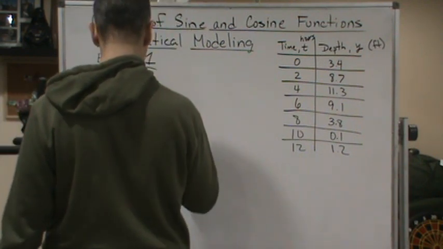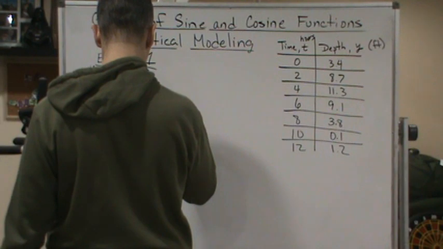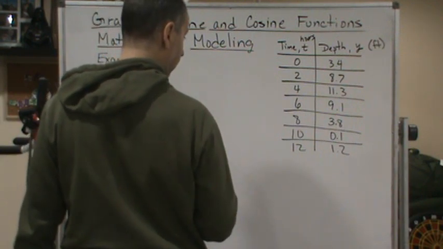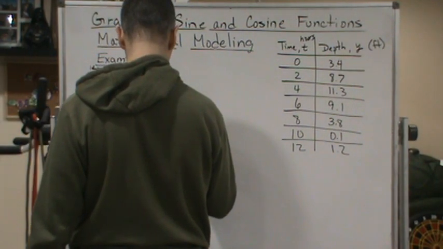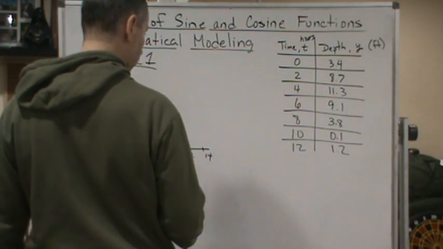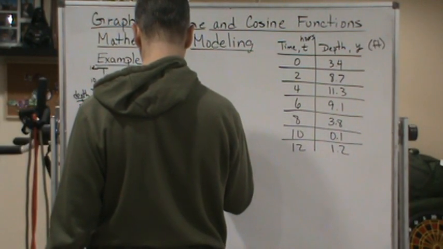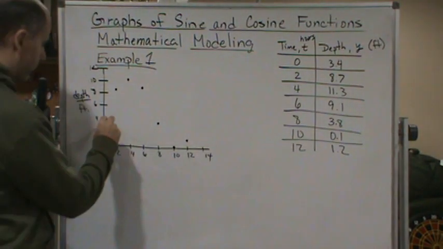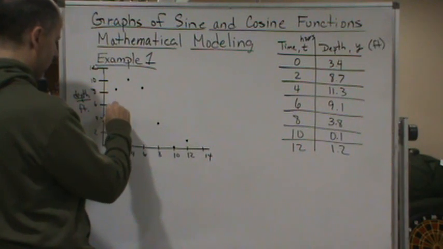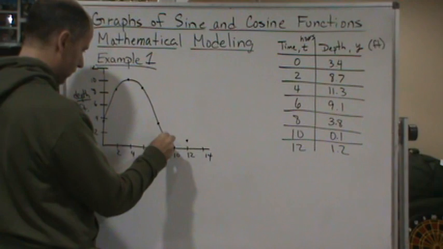Eight is 3.8. And 10 is 0.1. And then 12 is at 1.2, let's say about right there. So we have something that obviously looks like a cyclic function.